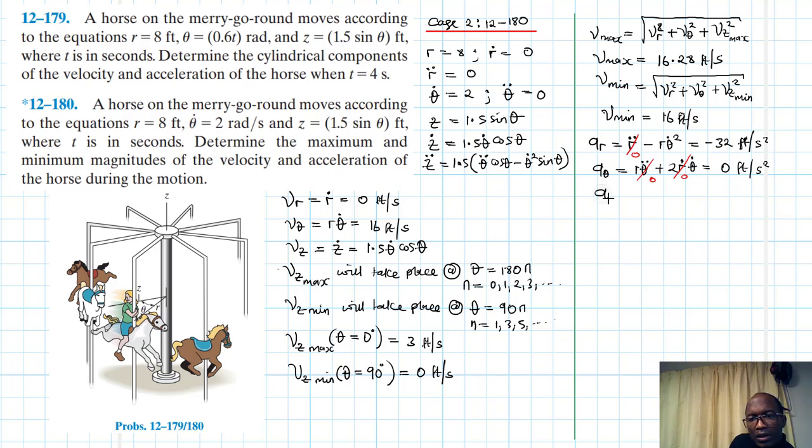And then this is again the determinant AZ, which is Z double dot. From this equation, theta double dot is 0, therefore this part is 0. So what we remain with is just minus 1.5 theta dot squared sine theta. We want to find again, this is the one that has variables, the determinant for maximum and minimum.